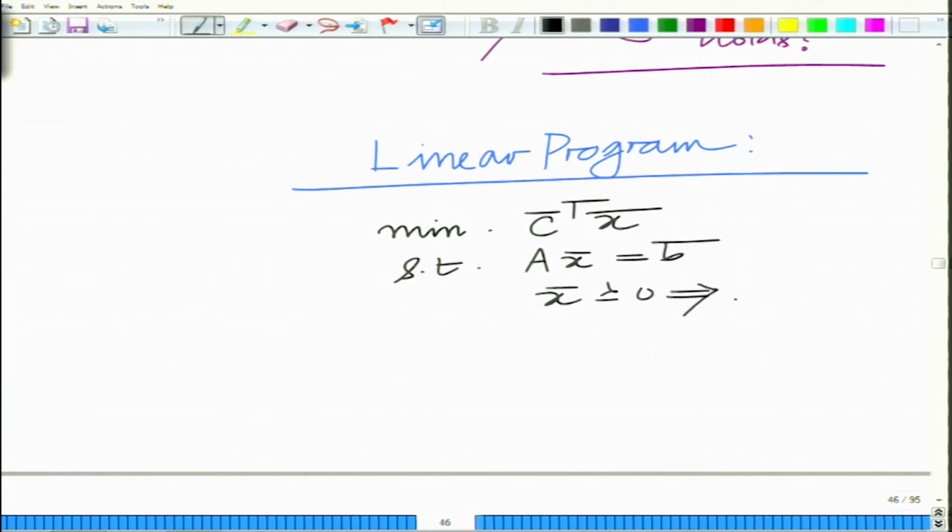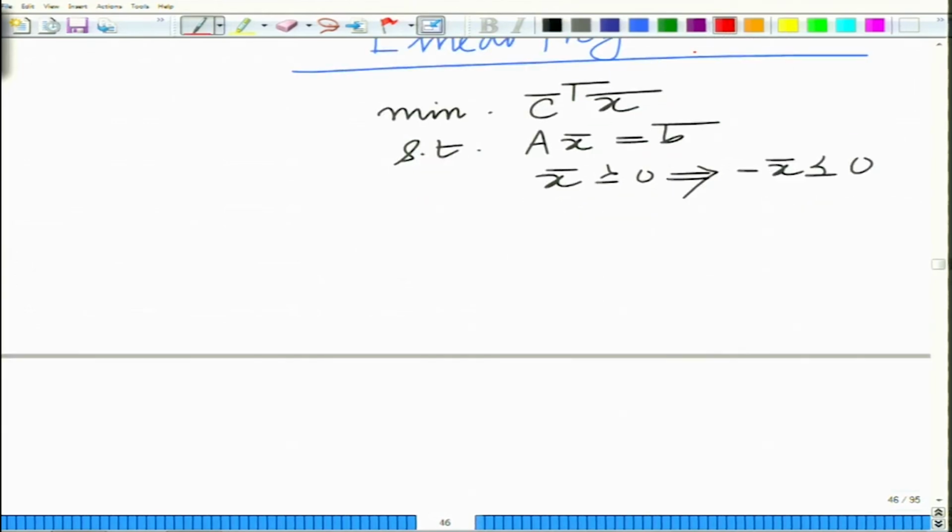You can write this as a standard form convex optimization problem by saying each component of minus x bar is less than or equal to 0. Okay. Now, the Lagrangian of this can be formulated as L(x bar, nu bar, lambda bar). Now, you have both inequality and equality constraints.